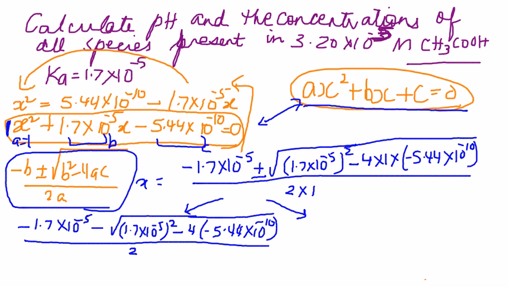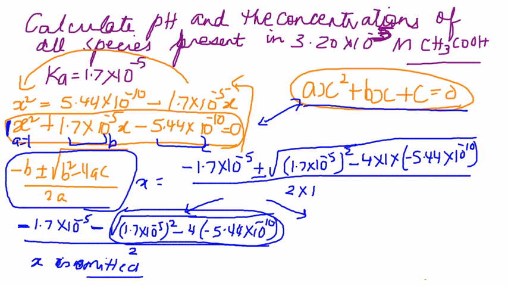Realize that whatever this number is, even if it's a positive number, what's under the square root, since that is negative and there is another negative number, that number will always remain negative. So this solution of x can be omitted.